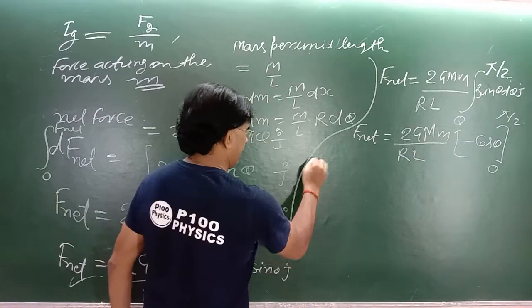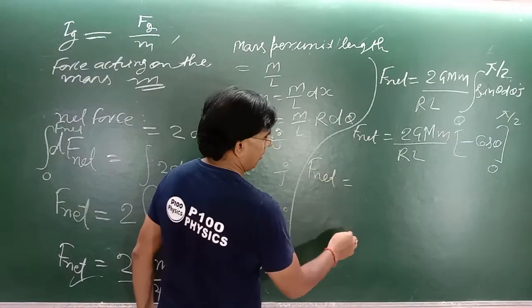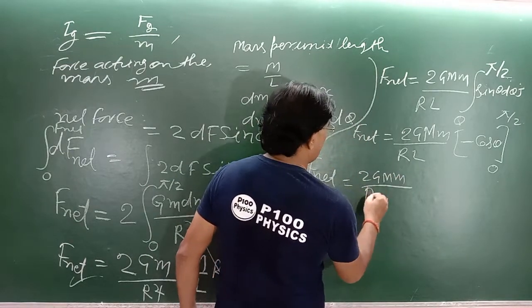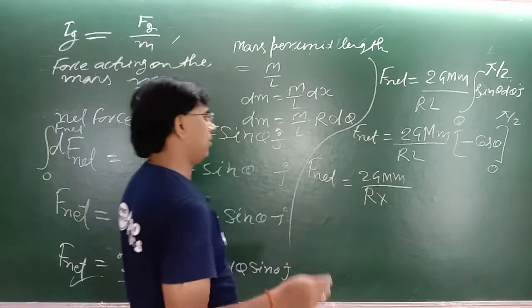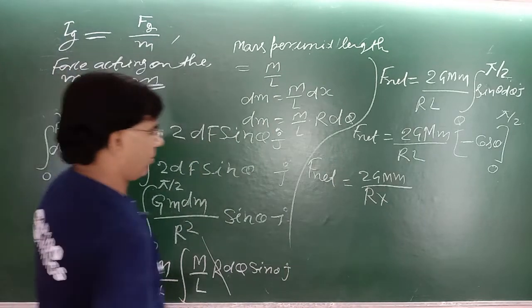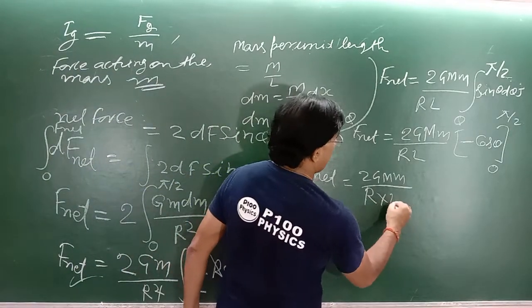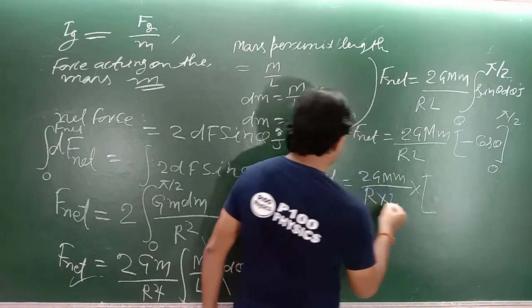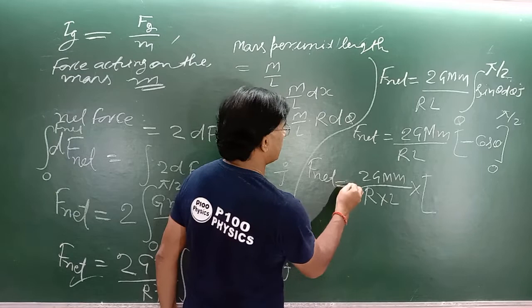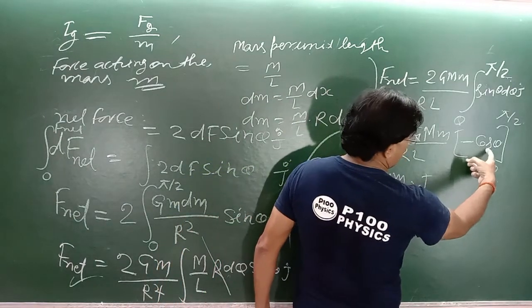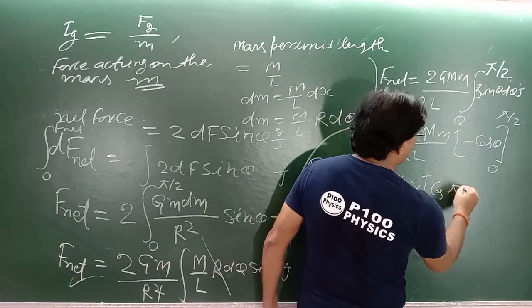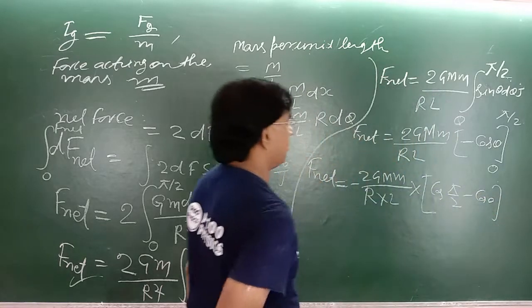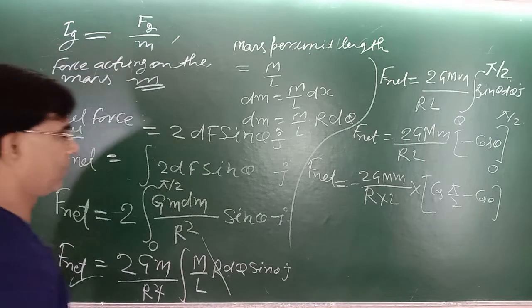Then F net equal to 2GmM by R into L, into minus cos, mind here, this minus sign taken out, cos pi by 2 minus cos 0.